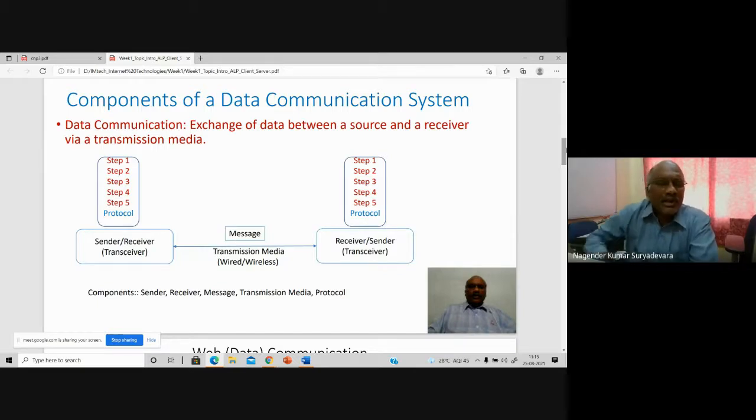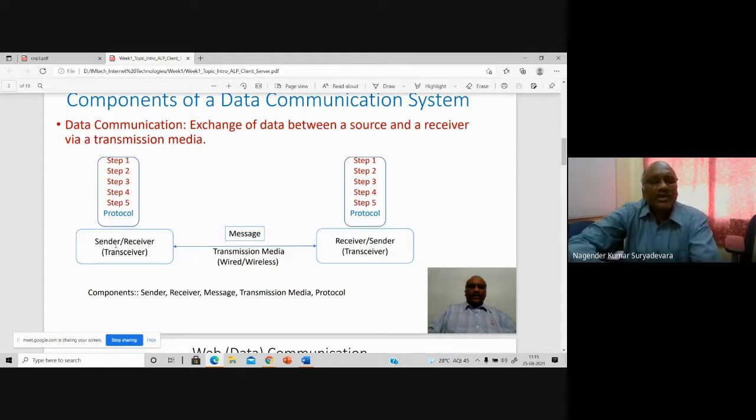At one end you have a sender, a device sending some information to the other side, the receiver.